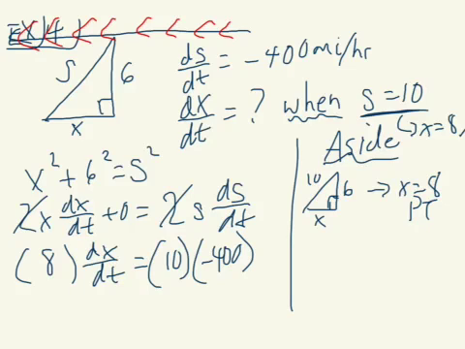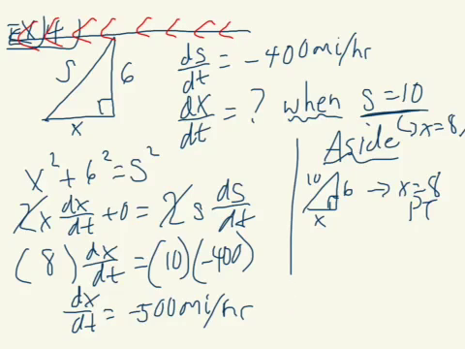So it wouldn't have mattered really, but it's good to be consistent. So if we divide both sides by 8, you're going to get dx over dt is negative 500, and the units are the same as ds over dt, miles per hour. Now since they asked for speed, I guess we'll just give an absolute value of 500 miles per hour.